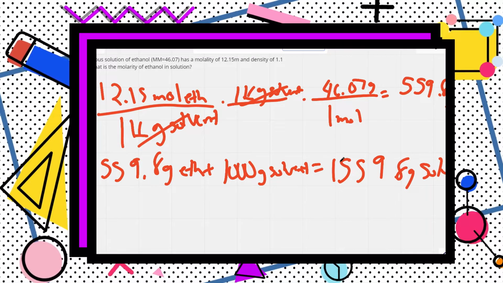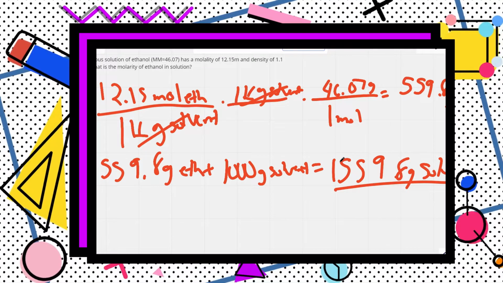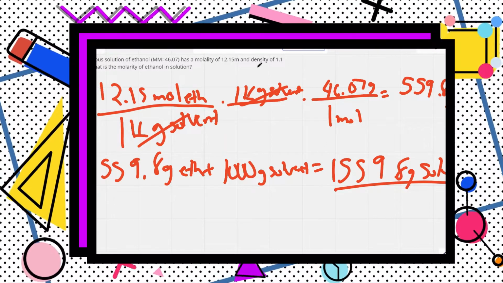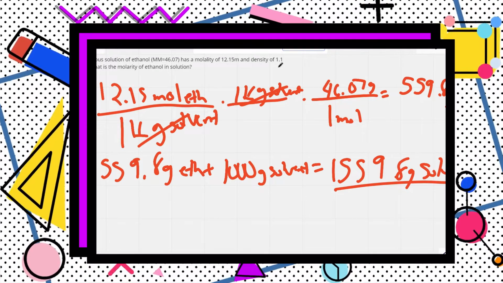So now I know the mass of my total solution. Now, you're probably wondering, why did you calculate the mass of the solution? Why are we doing all this work? The reason I have the mass of solution is because they gave me the density of the entire solution at 1.1 grams per milliliter.